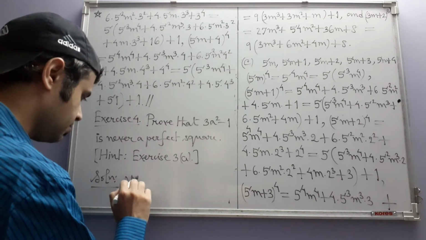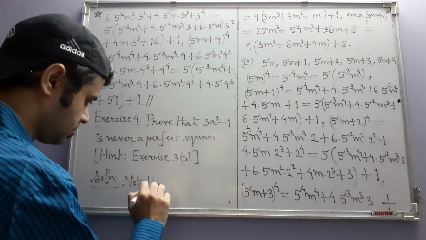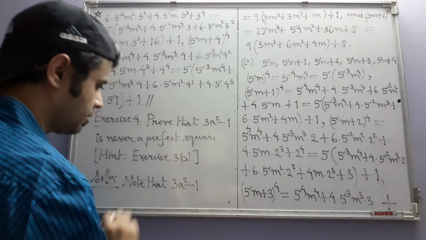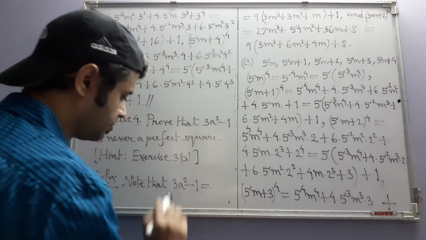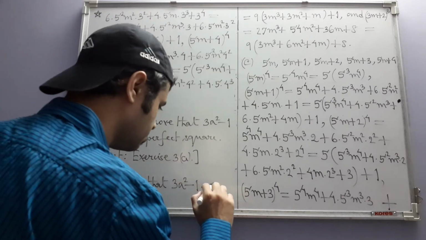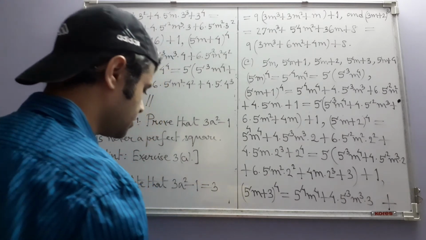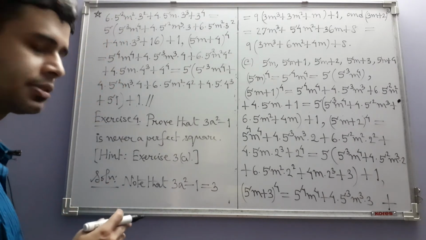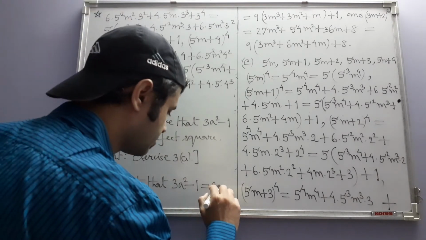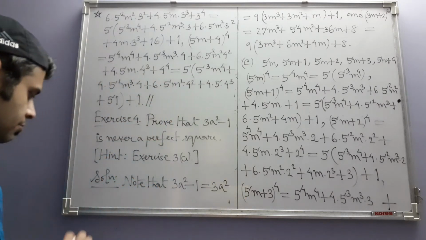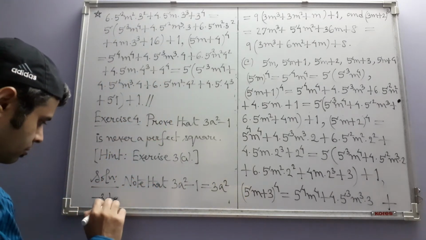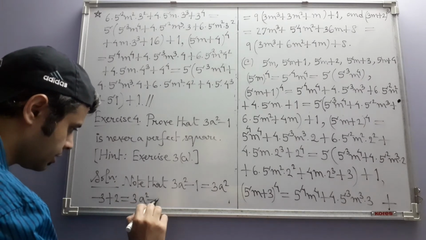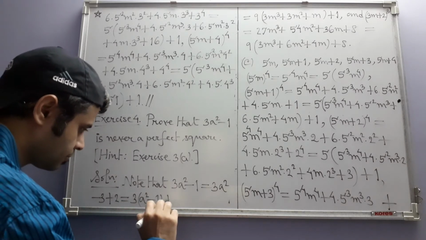Note that 3a square minus 1 is of the form 3 times... In place of minus 1 we can write minus 3 plus 2. So the entire integer can be written like this.